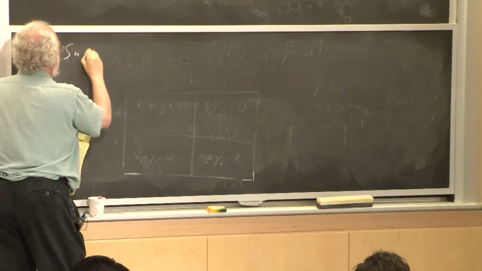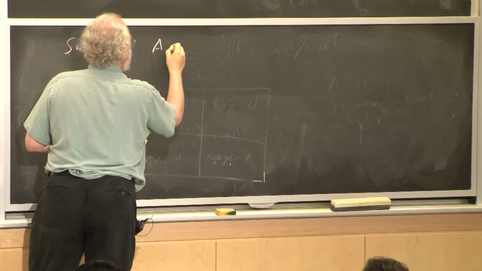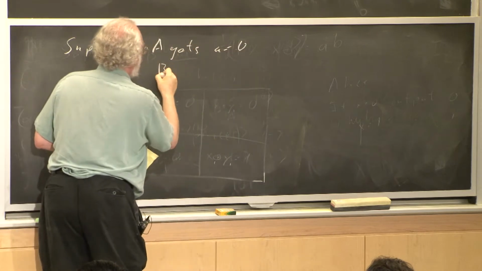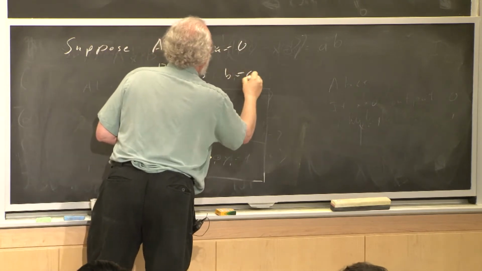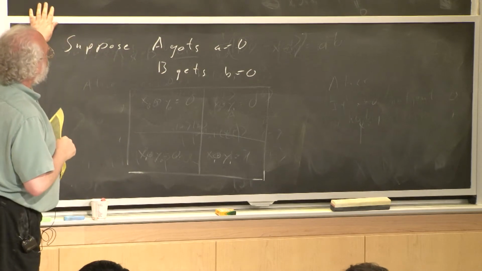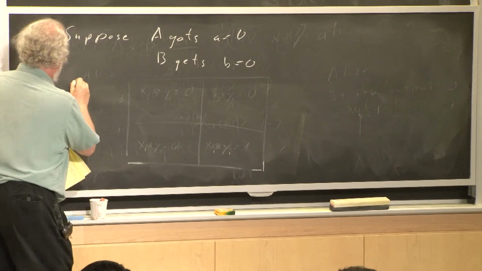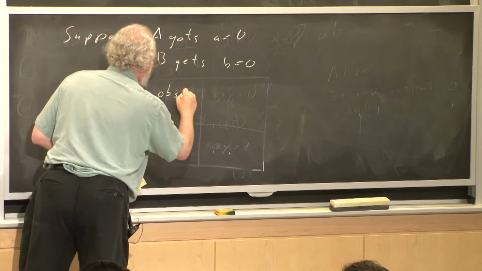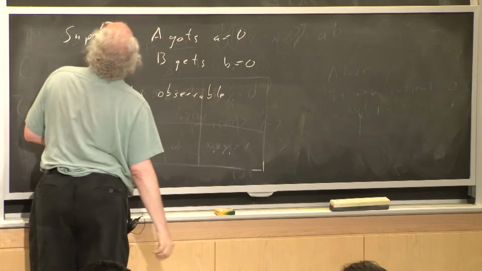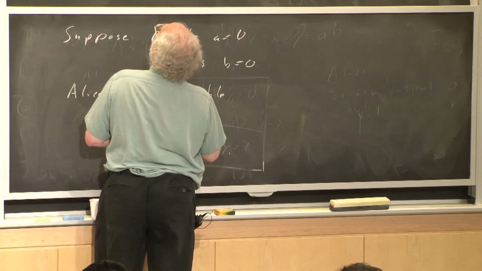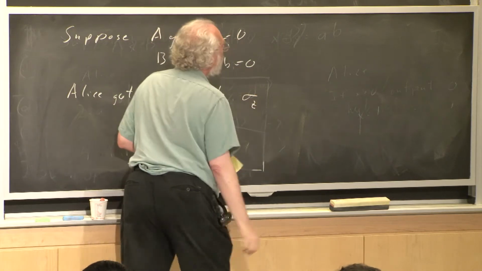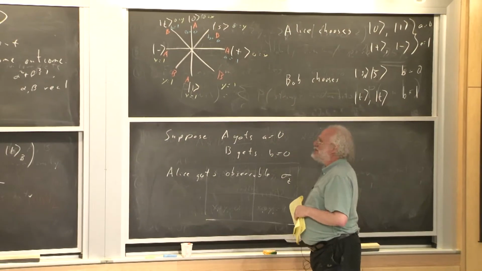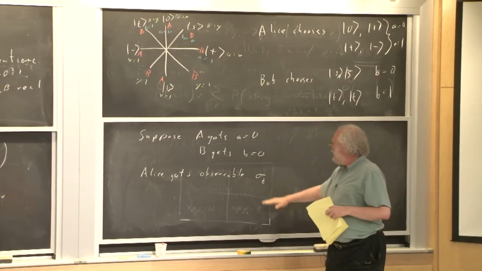So suppose Alice gets A equals 0, and Bob gets B equals 0. Alice measures the observable sigma z, and now I see that I never should have used x and y as the bits, because we have sigma z.